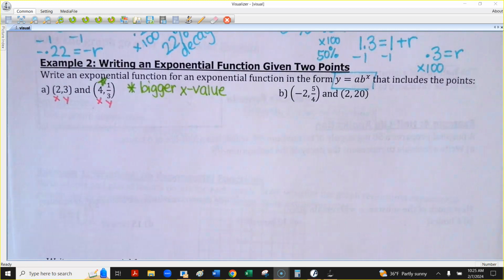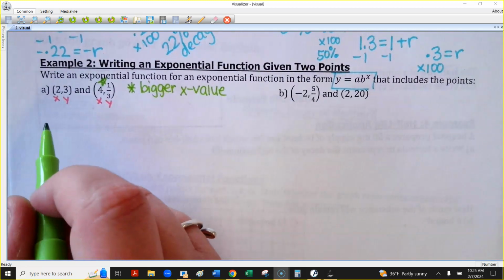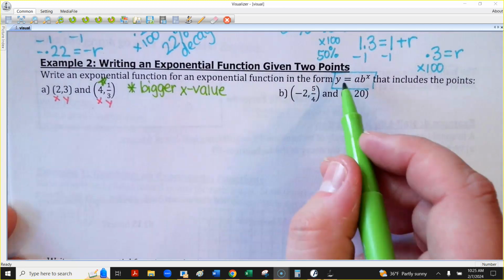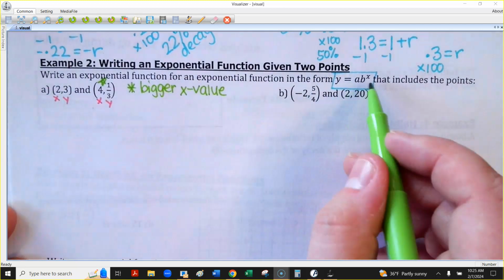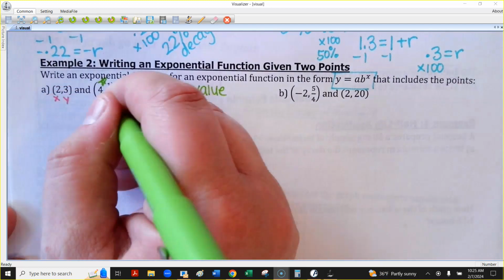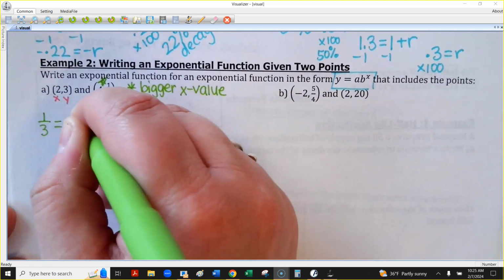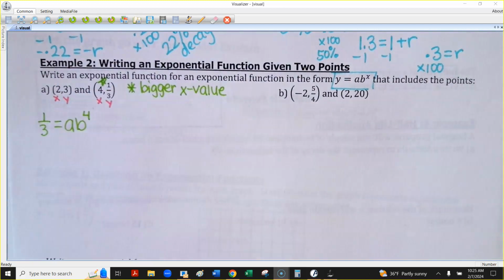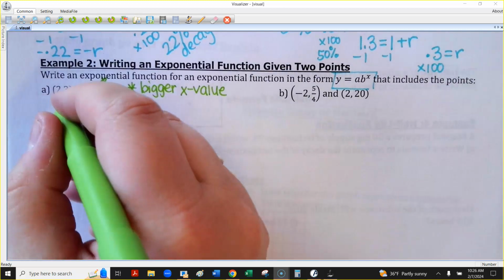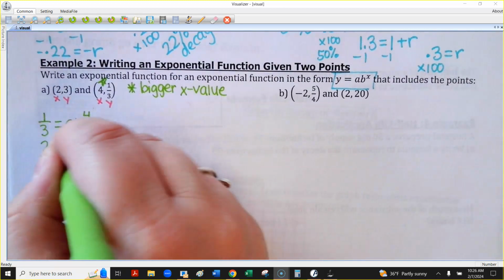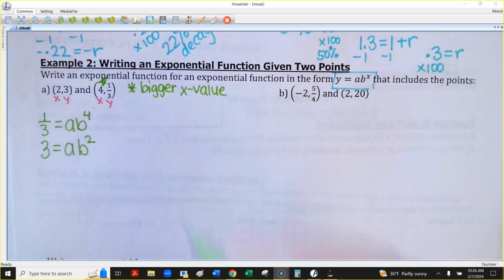So for the bigger x value, y equals ab to the x. We're going to figure out a and b. So y in that point is 1/3, equals ab to the x, and that's the exponent, so I would write 1/3 equals ab to the 4th. Now I'm going to do the same thing with the other point. The y value there, 3, equals ab squared.